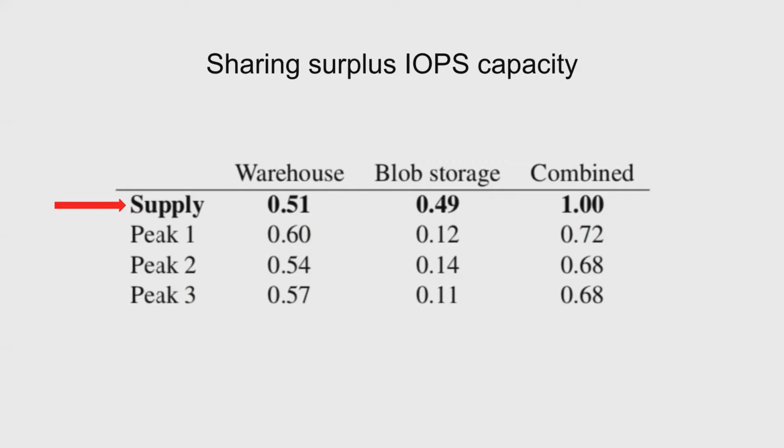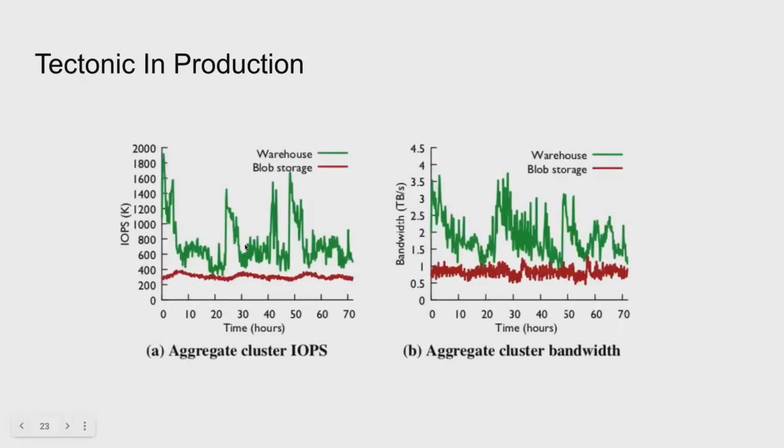And disk time is used to fairly account for usage by different types of requests. So in the table, we can see that the supply, what Tectonic has for warehouse disk time, is 0.51 and blob storage is 0.49. All of these peaks correspond to the peaks that we saw in this slide.